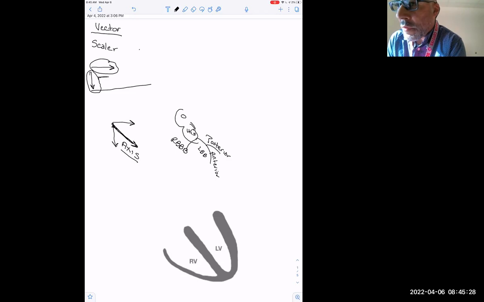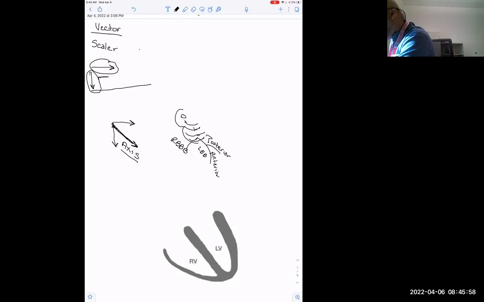So if we were to apply our concept of vectors to this overall mental picture, what we would see is an impulse coming from the SA node. And let's clean up a little bit of our mess here. Coming from the SA node, it would propagate downward and around.